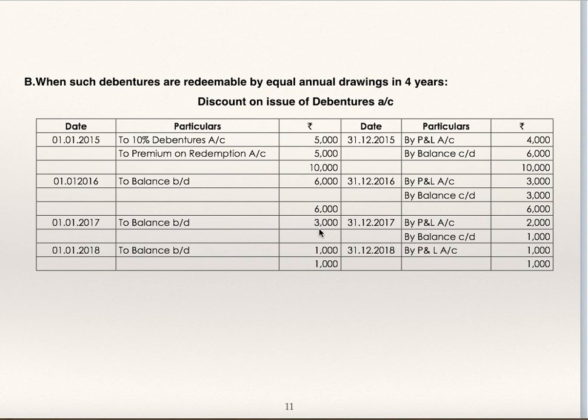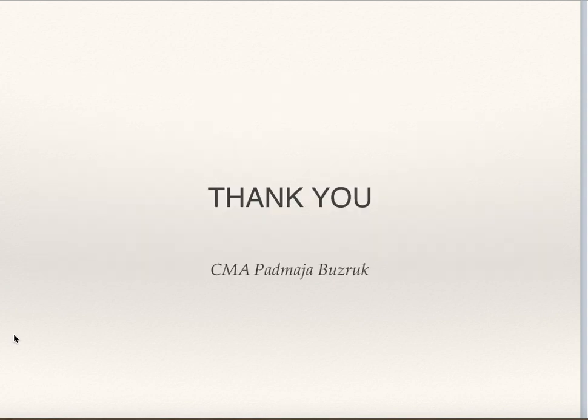Third year beginning, the balance brought down, by profit and loss account 2,000, by balance carried down. Fourth year beginning, the balance brought down, by profit and loss account 1,000. This account gets closed. This is how the loss on issue of debentures, which is a loss of the company, is to be written off during the lifetime of the debentures.